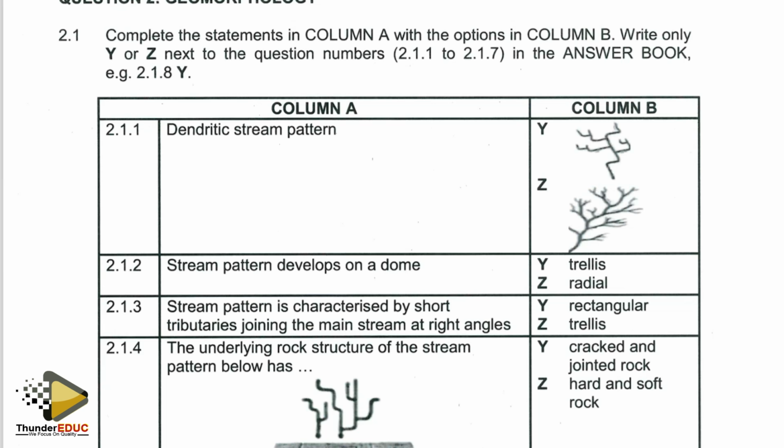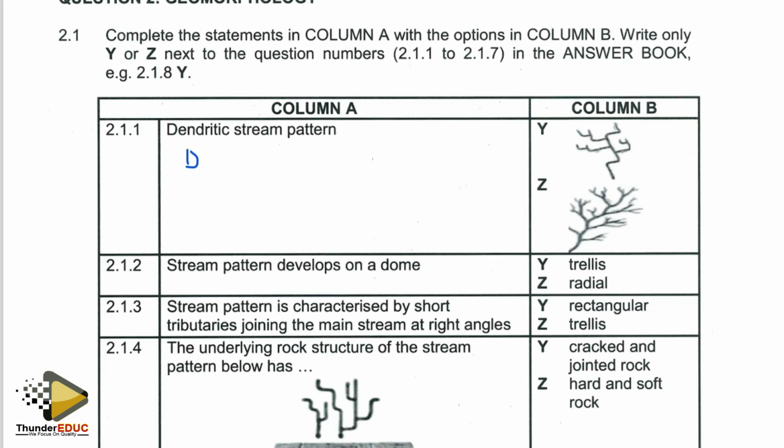Right, dendritic stream pattern, is it Y or Z? In this instance, we know well that the term dendritic is derived from the Greek term dendros, which means a tree and its branches. So when we are talking of a dendritic pattern, we are looking at a pattern which resembles a tree and its branches.